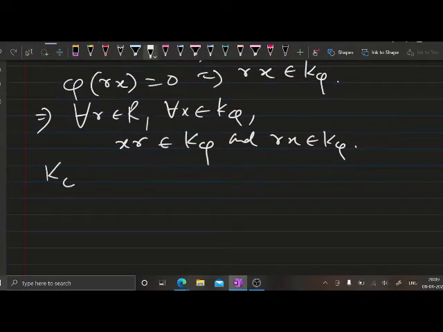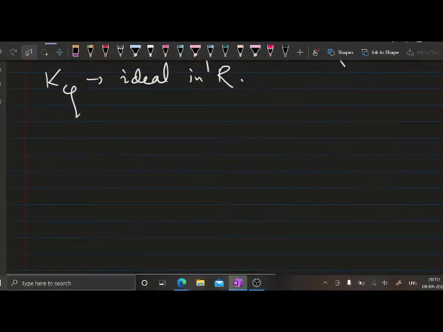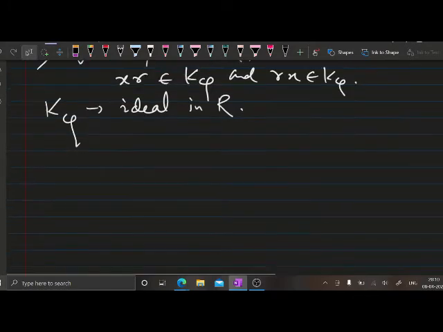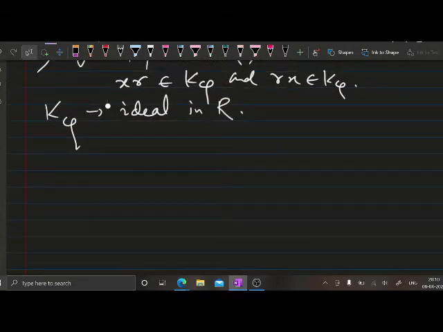These K phi's will be called ideals in R. So this is an ideal in R. We will define it in a few minutes. Now let us have a look at some examples of ring homomorphisms, and after that we can define this ideal, which is very much the analog of normal subgroups in a group.